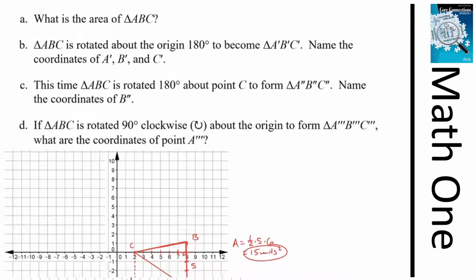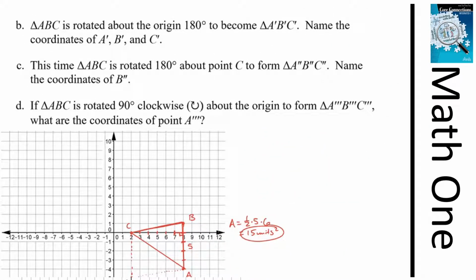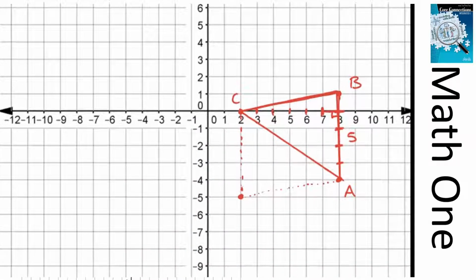Part B says triangle ABC is rotated about the origin 180 degrees to become triangle A prime, B prime, C prime. Name the coordinates of A prime, B prime, C prime. Well, what's nice is because it is being rotated 180 degrees, it doesn't matter if it's clockwise or counterclockwise, because we would end up at the same point.